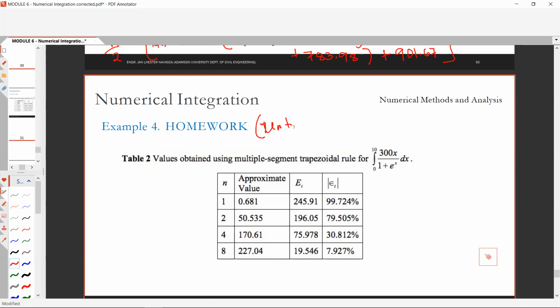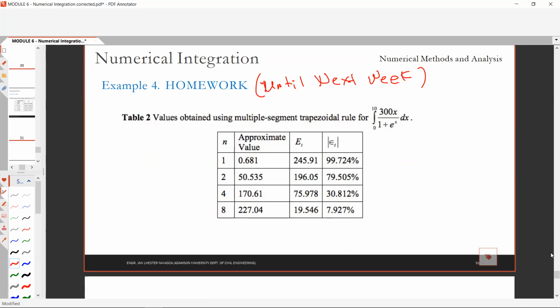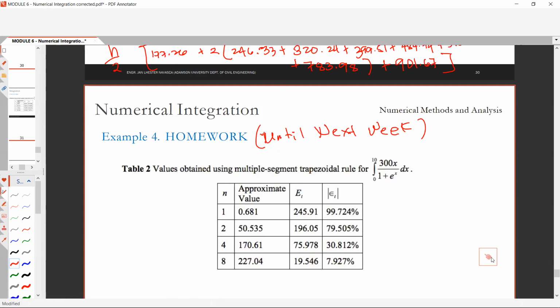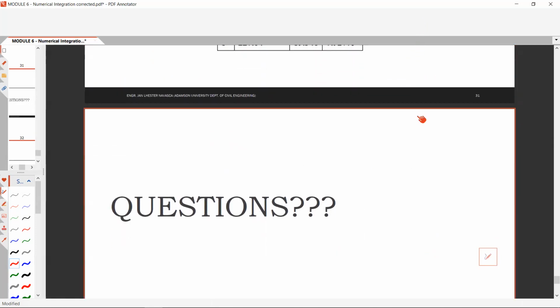One problem hanggang next week. Mamaya mas better if gawin niyo na to agad after this meeting. So early out tayo. Do you have any questions?